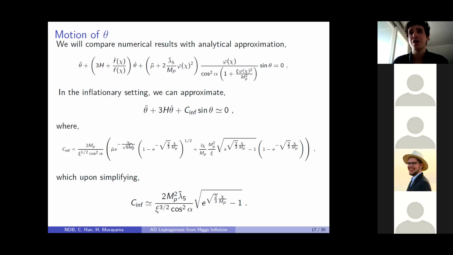So this helps push this term away during inflation and have this term be important. When I say it's important, it's still quite small. This C5, which I think should actually be lambda 5, is very small and also Planck suppressed. So this is also not a large coupling like this 5-dimensional coupling. So anyway, simplifying, and just ignoring this mu term for now, we get this rather simple form for C inf.